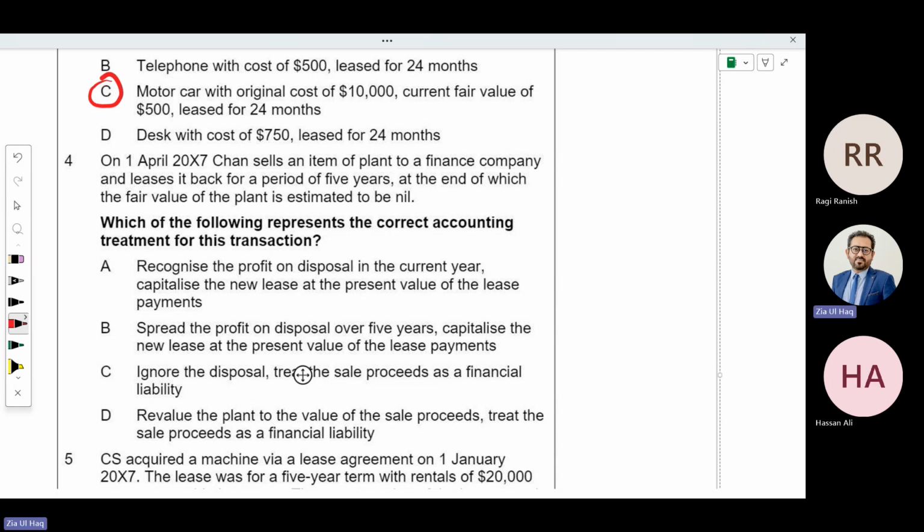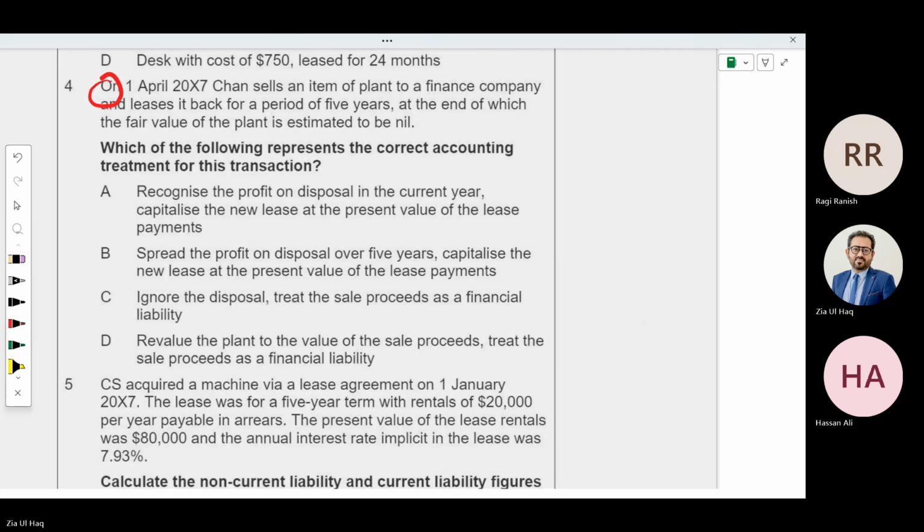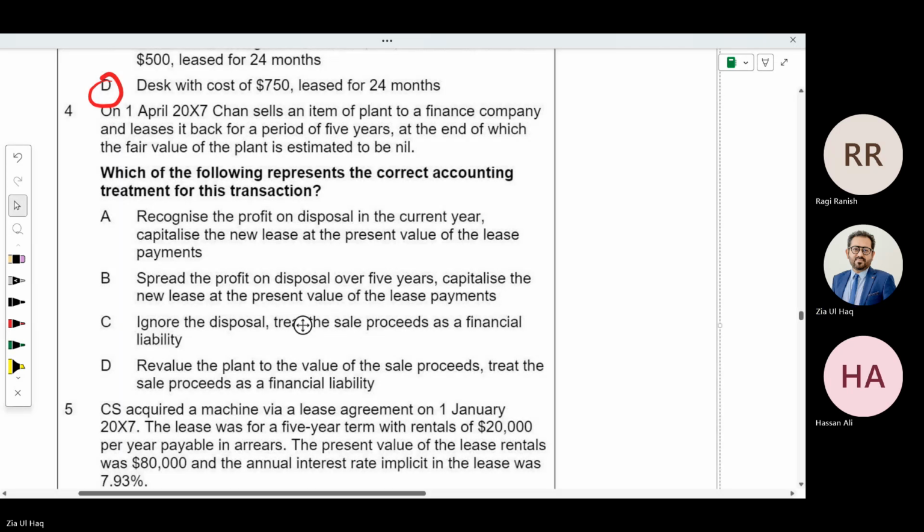Spread the profit on disposal over 5 years, capitalize a new lease at the present value. No, this is not sale and leaseback. Ignore the disposal, treat the sale proceed as a financial liability. Revalue the plant to the value of the sale proceed, treat the sale proceed as financial liability.